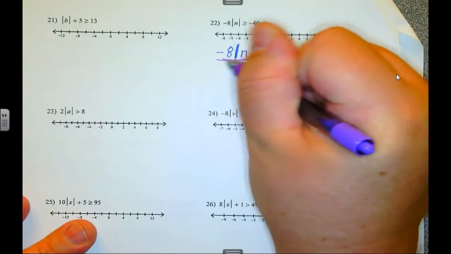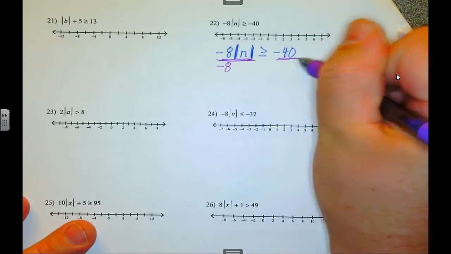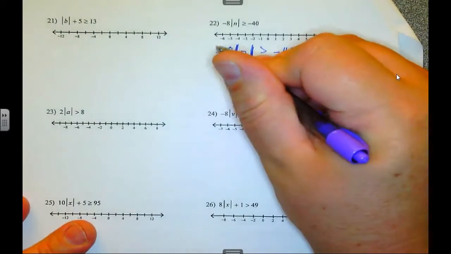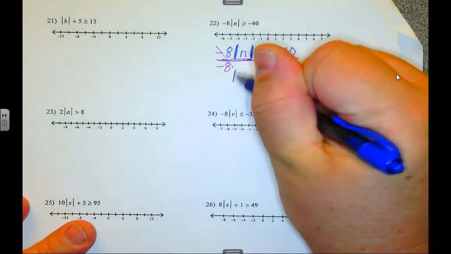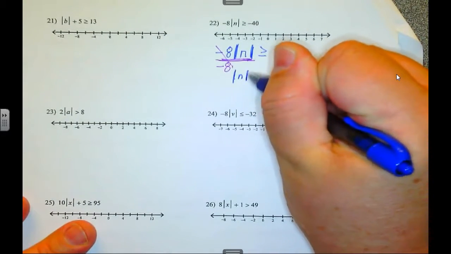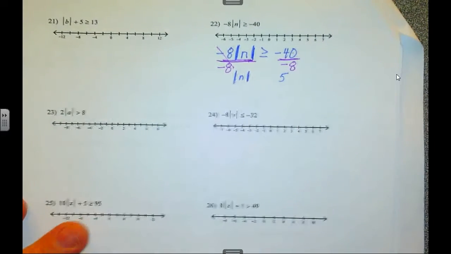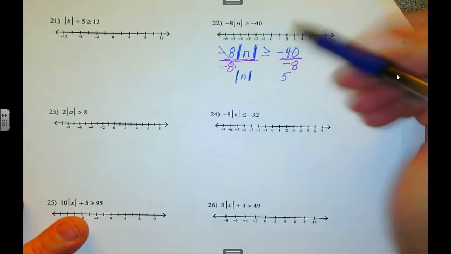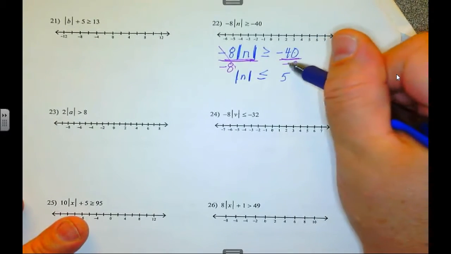Think of that as a coefficient. -8, -8. So these cancel the 1. I get the absolute value of n, +5. But what happens with my sign? It flips, because I divided by a negative number.